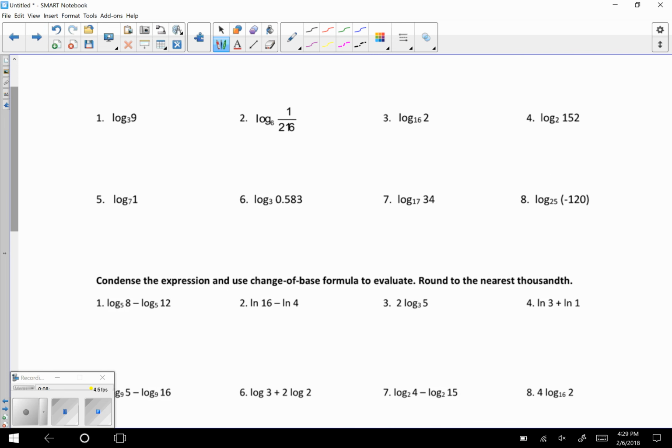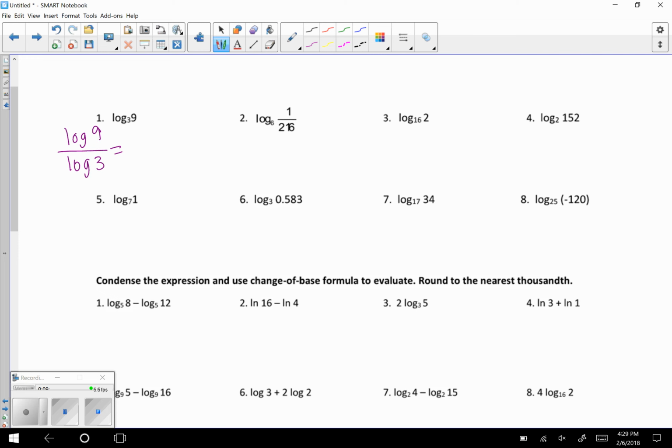So let's practice some of these. Number one says log base 3 of 9. Well, that's saying 3 to what power is 9? You know the answer is 2. So let's use our formula that we just said and see if it works. The formula is log of the big number, font size, over log of the small. So it would be log 9 over log 3.